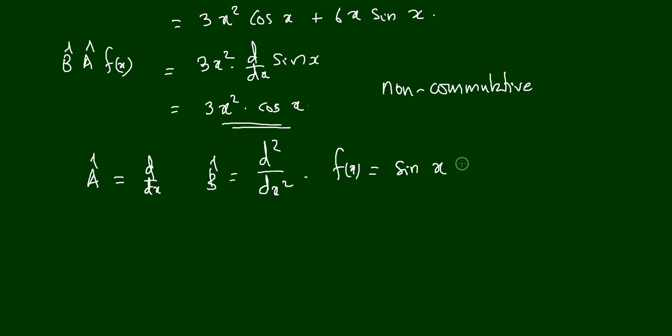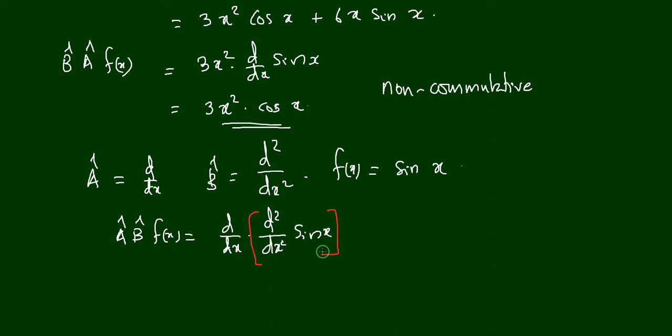Now we can perform A B f(x). That is equal to d/dx of d²/dx² of sin x. So we have to do this first, meaning the right operator should operate first. The right operator is d²/dx², and it should operate over sin x.